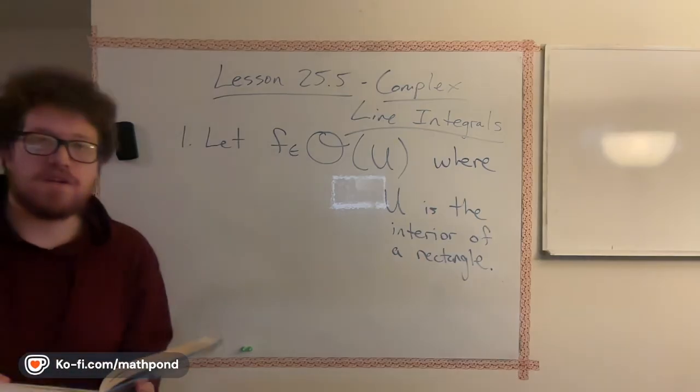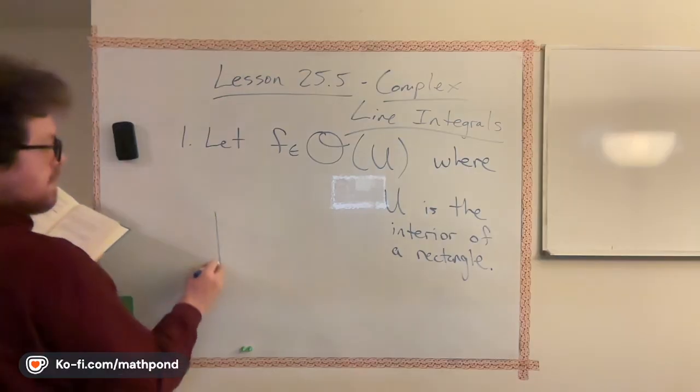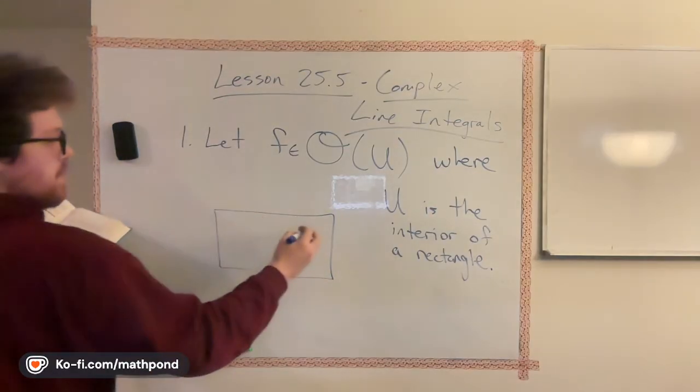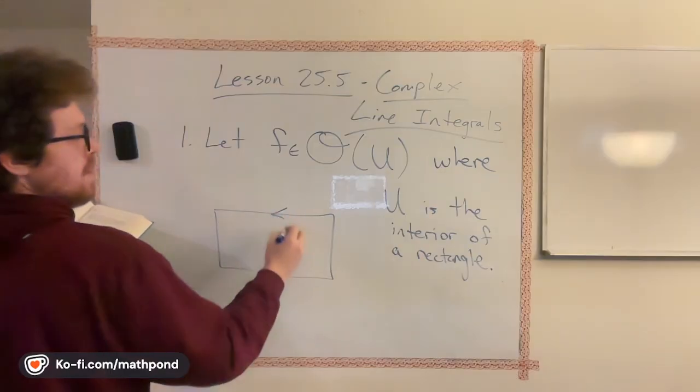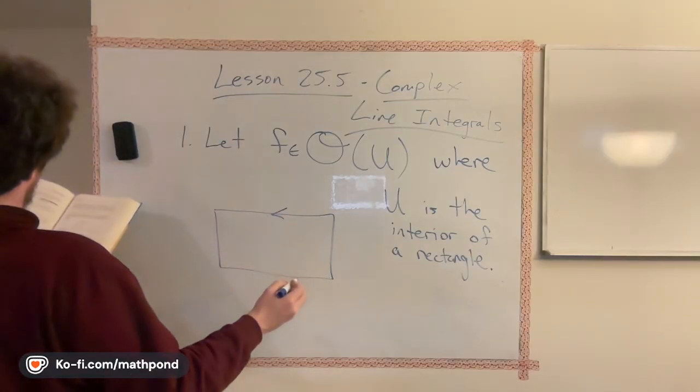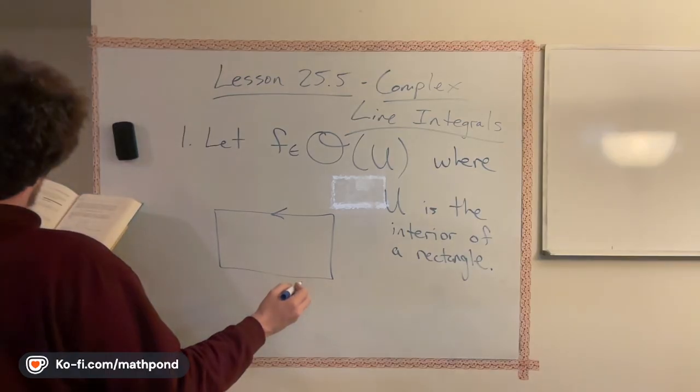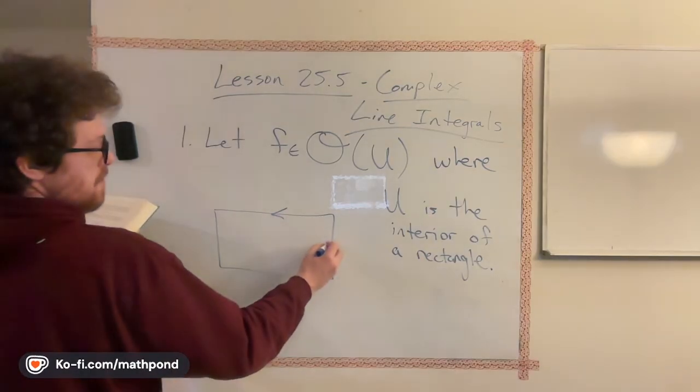Okay, so U is the interior of some rectangle. We could draw it maybe like this, right? So what they're saying here is that they want us to calculate this integral starting at just some closed curve. So we start and end at the same point.